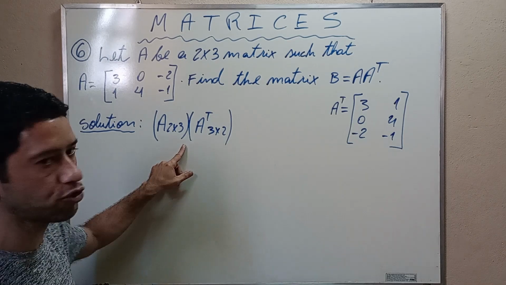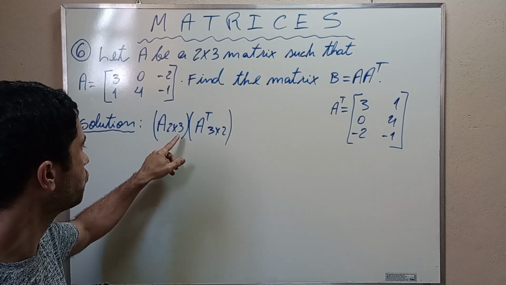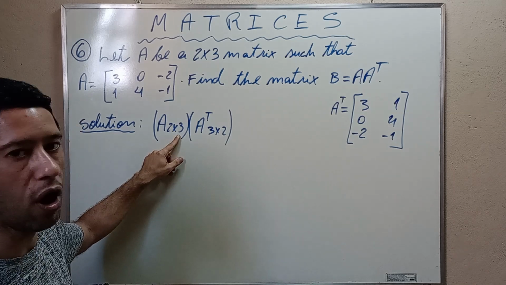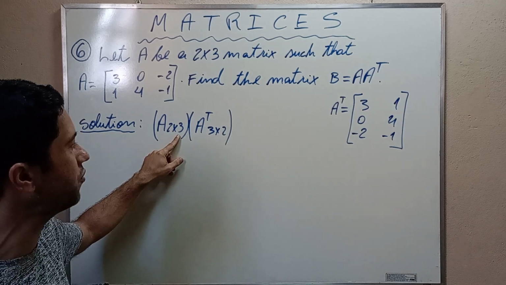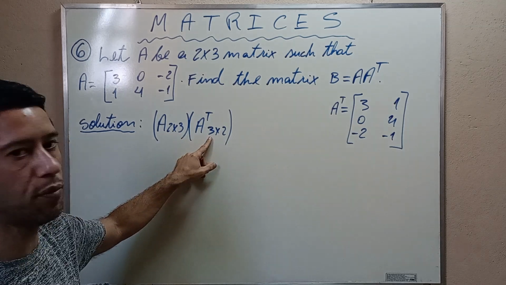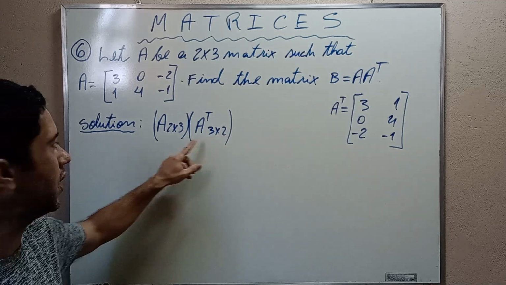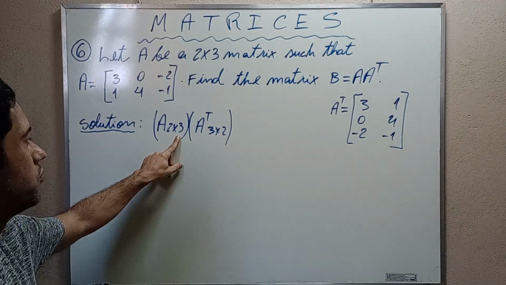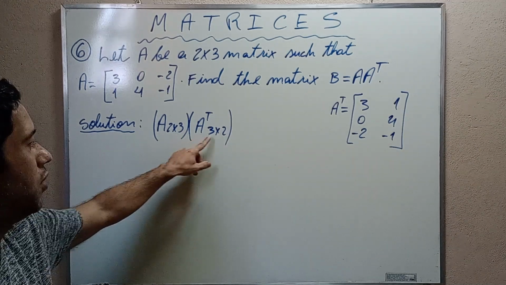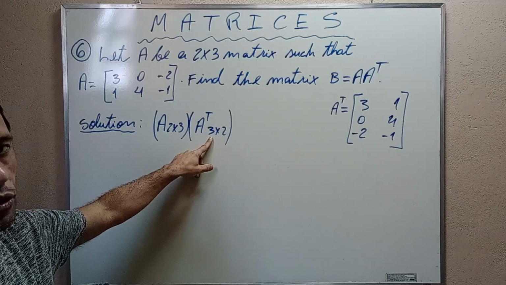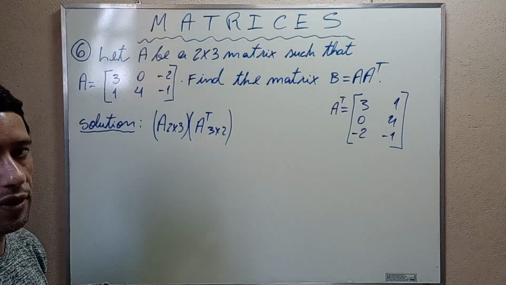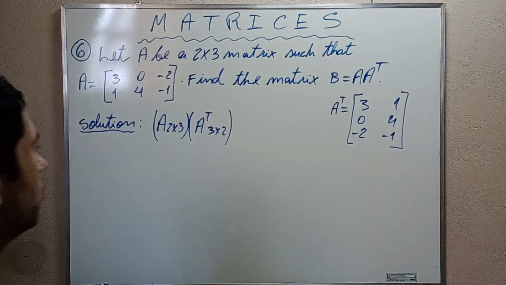For this product to be possible, the number of columns of the first matrix has to be equal to the number of rows of the second matrix. We see here that the number of columns of A is 3 and the number of rows of the transpose of A is 3. Then this product is possible.